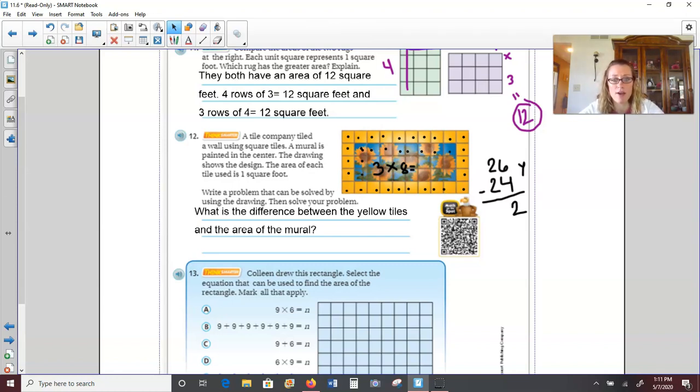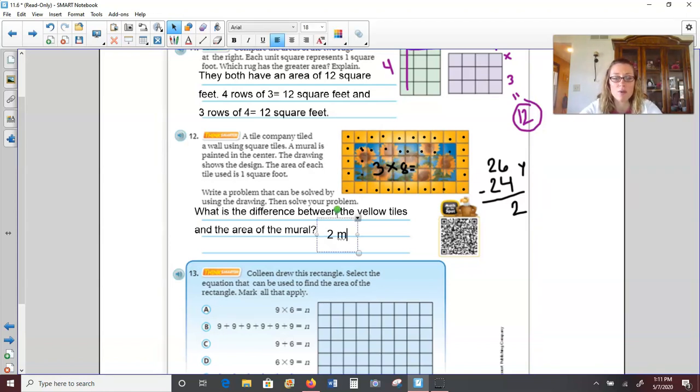All right, so in solving our answer, there are 2 more square feet of yellow tiles, right? The yellow had 26 and the mural had just 24.